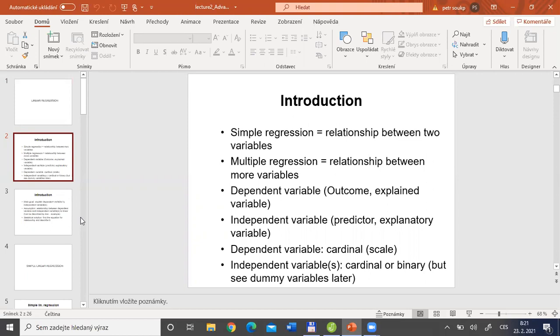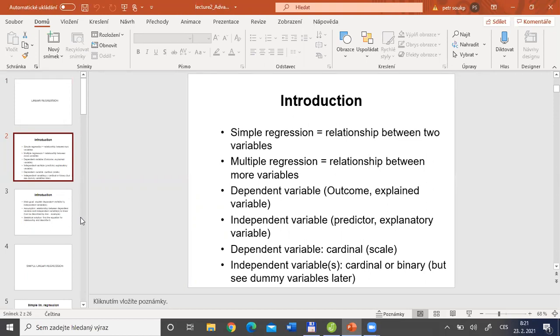Simple regression means that there is only one variable which is called dependent and one variable which is called independent. So we have only two variables in one data analysis. This is a very simple case, usually quite unreal for social sciences, but we will start the introduction of regression by this simple regression example.